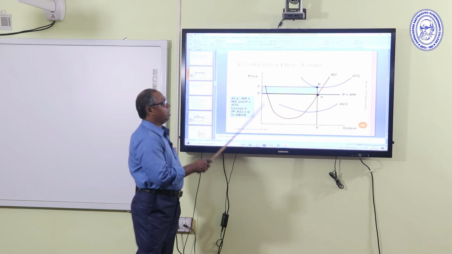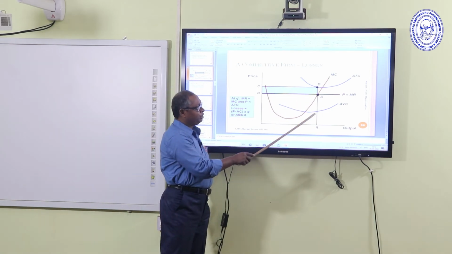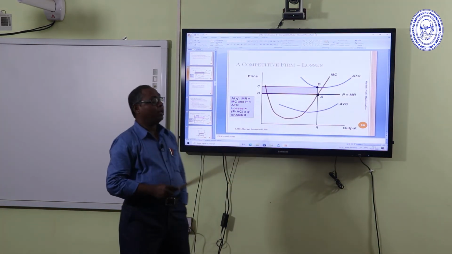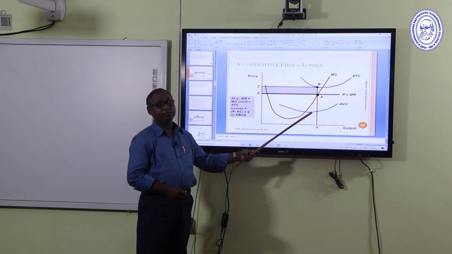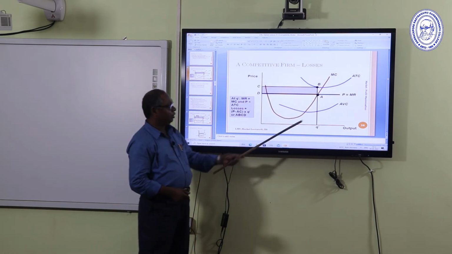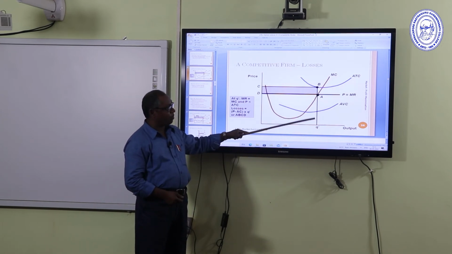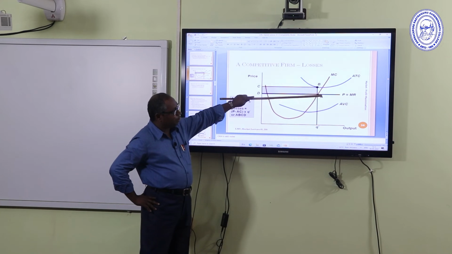So what will happen if the price line is in between these two curves, AC and AVC? Then there is a possibility that the firm will continue production. Why? Because by continuing production, the firm can recover the variable cost of production along with some part of the fixed cost.